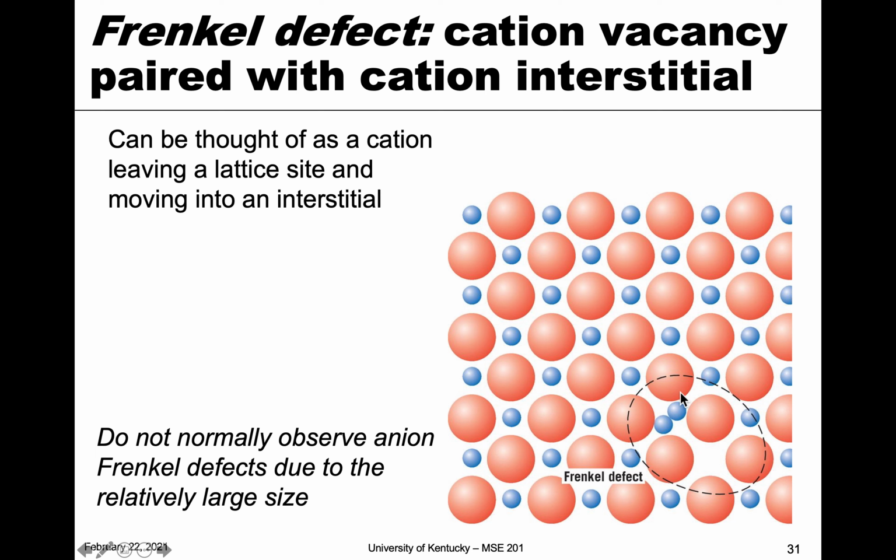Because we've just moved something, the charge balance is still okay. It's still net neutral. And since the Frenkel defect moves something into an interstitial, we wouldn't typically see the anion version unless the anion size was smaller than typically observed. Because of that size difference, you're usually talking about cation interstitials.